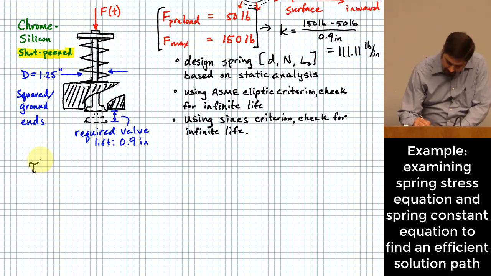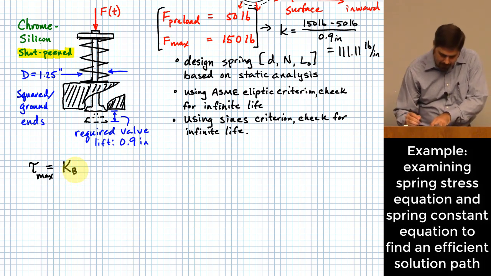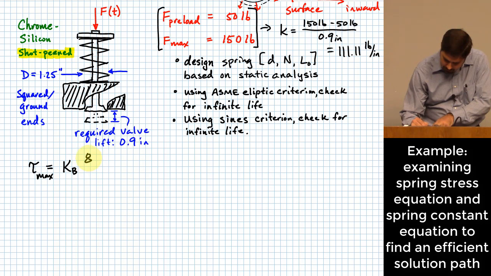So the shearing stress that we end up having, and this is kind of a maximum shearing stress, is going to be equal to the Bergstresser factor multiplied by what? Okay, 8 times the force.